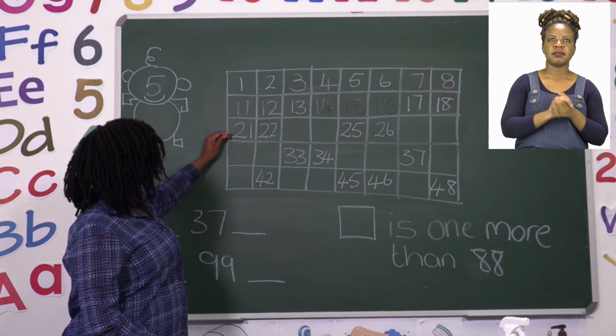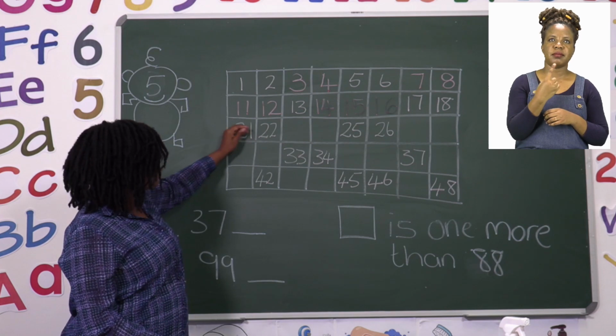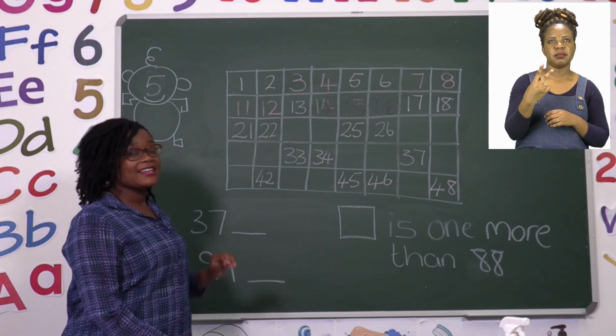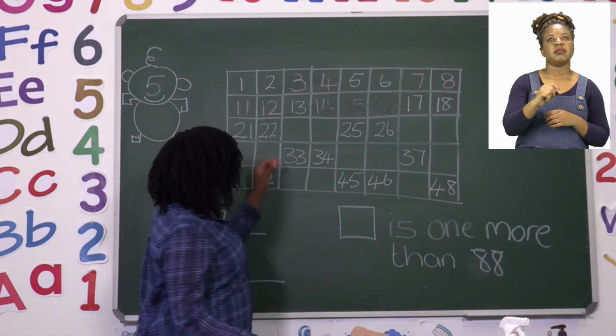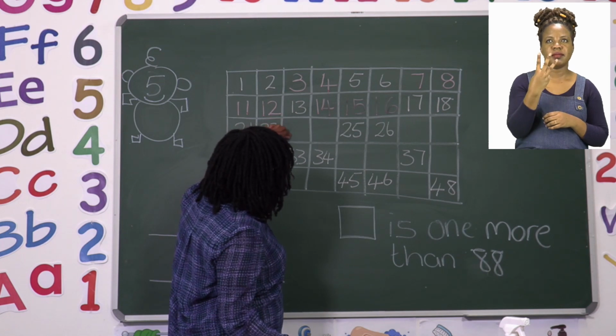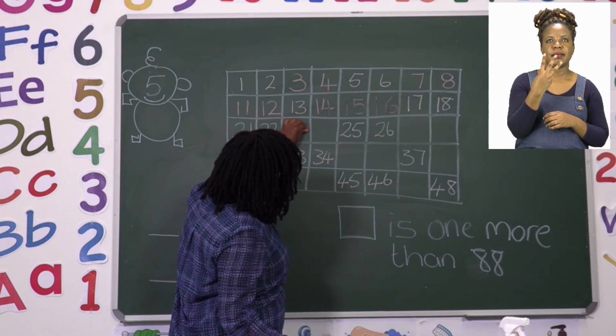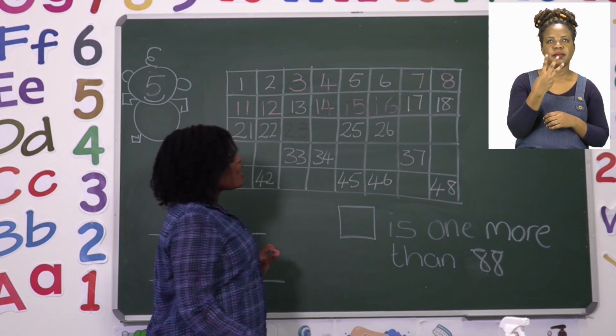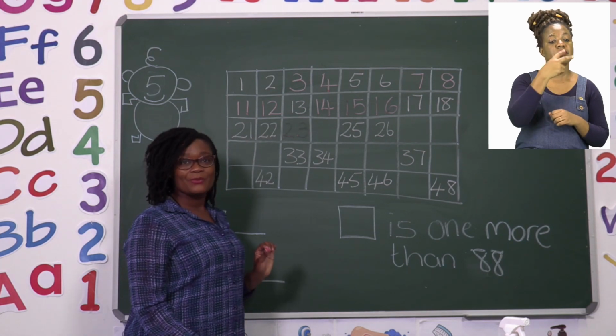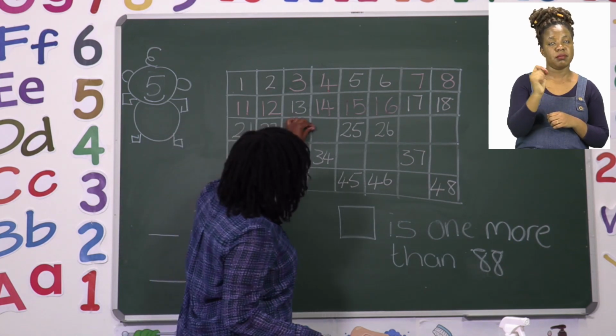We have 21, 22, then the number after 22 is 23. So we're going to write 23. After the number 23, we have 24.